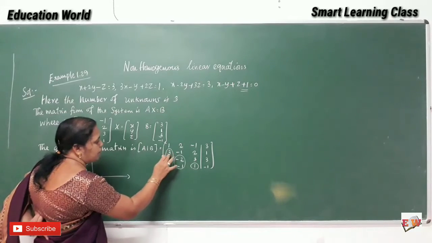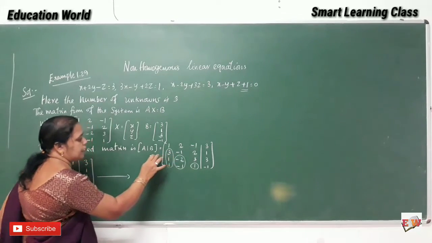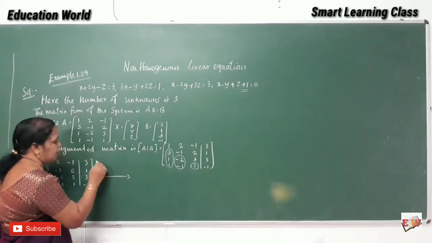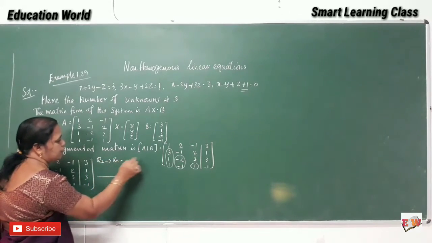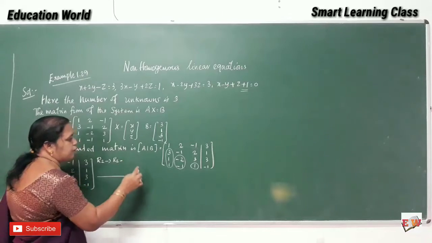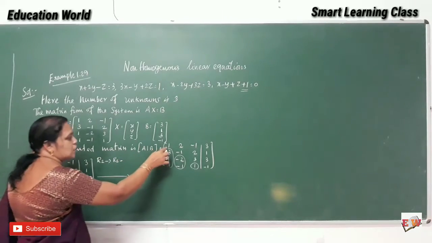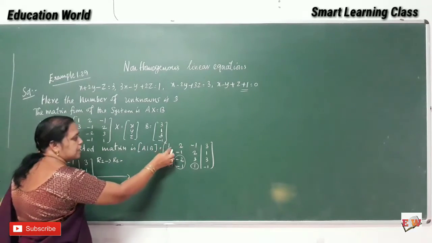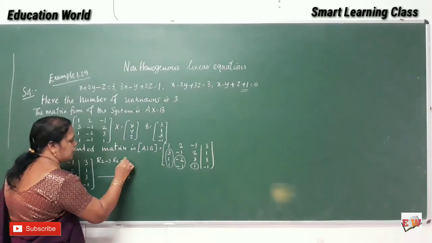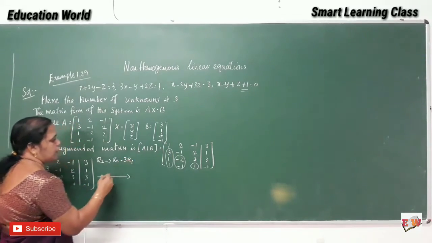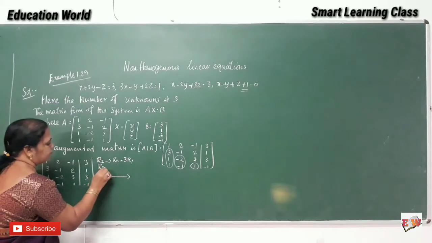I want to bring this entry to 0. In R2 the entry is 3. If I multiply R1 by 3, here also I get 3, so 3 minus 3 is 0. So R2 minus 3R1.